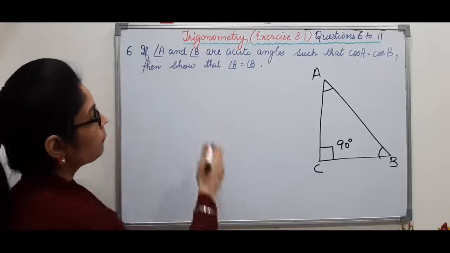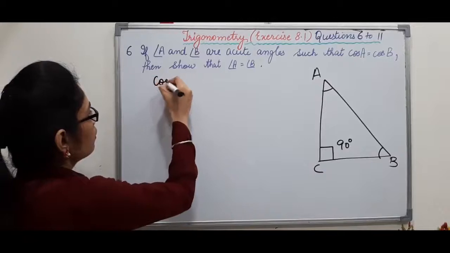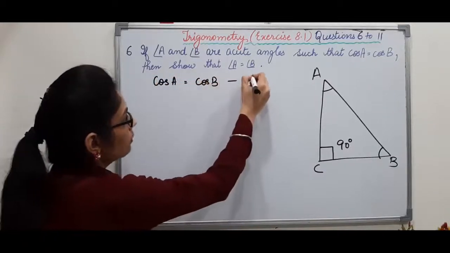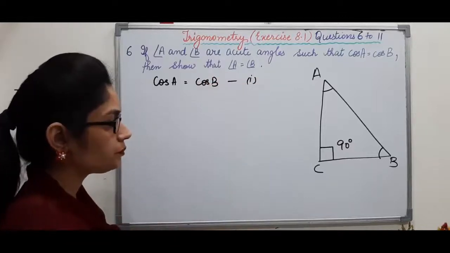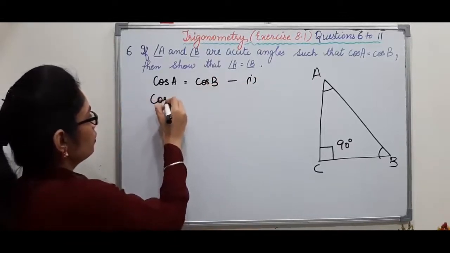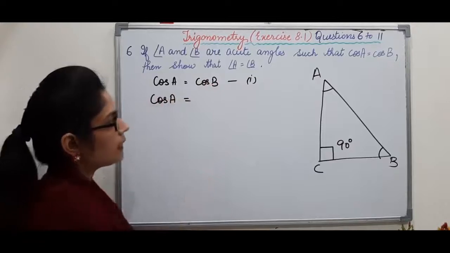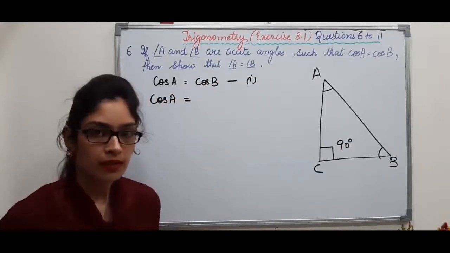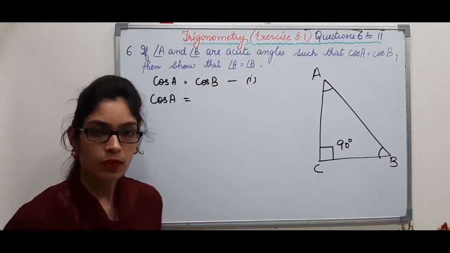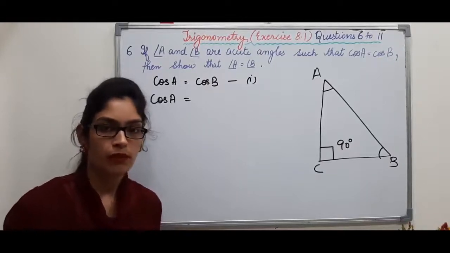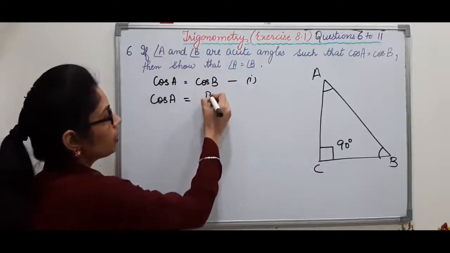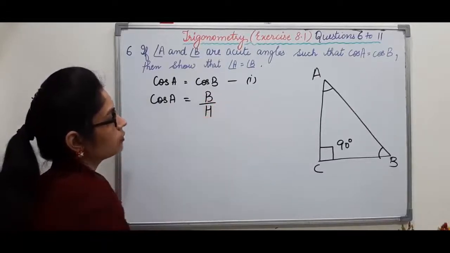So let's start. They have given us cos A is equal to cos B. So let's mark it as point 1. So let's write down the values of cos A and cos B. I have already explained in the first video of trigonometry, which is introduction to trigonometry, that cos is base upon hypotenuse.